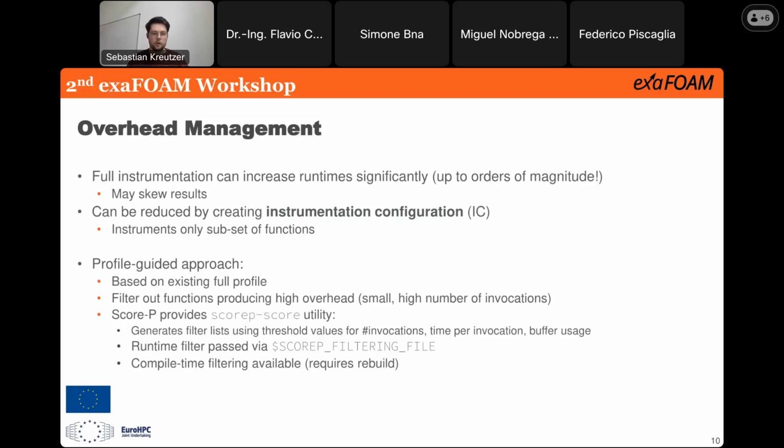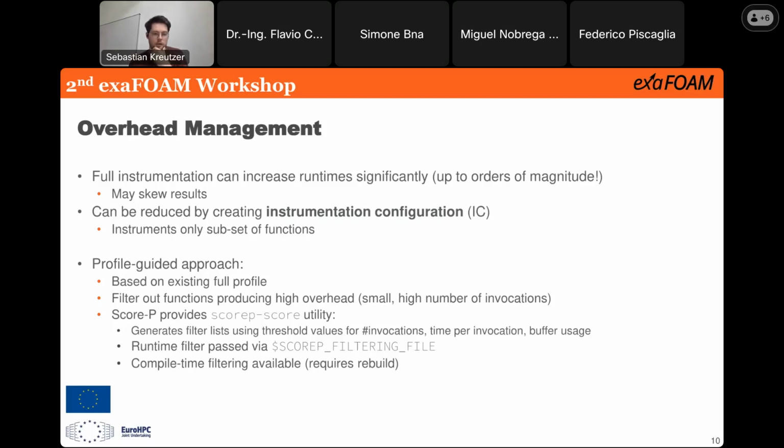The common approach to do this is a profile-guided method, where you start out with a full profile or a default filtered profile. And based on this initial measurement, you filter out functions that you observe might produce high overhead. For example, very small functions like access operators for vector types or something like that with a high number of invocations.